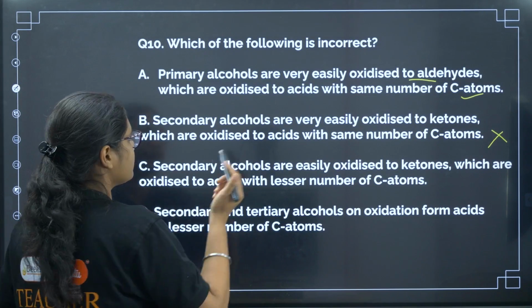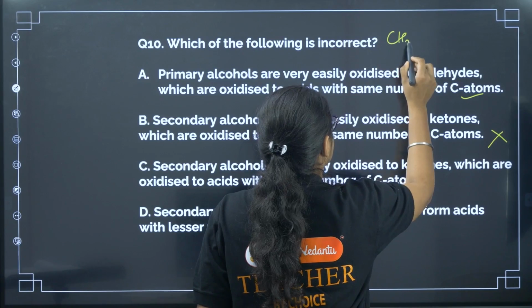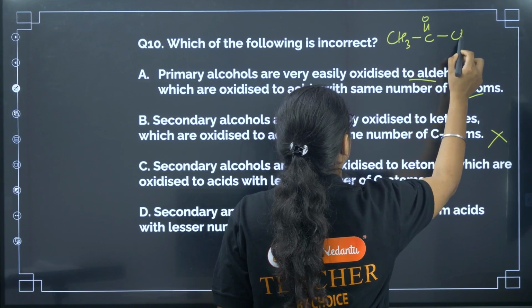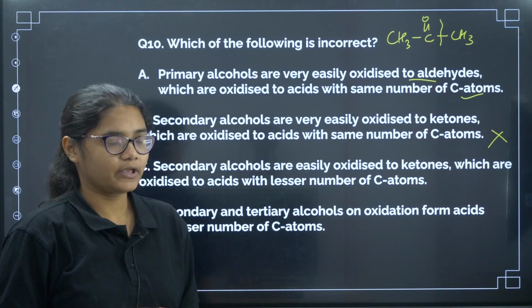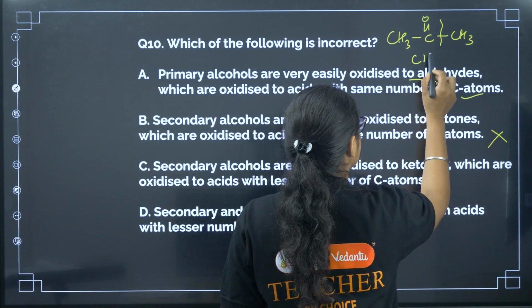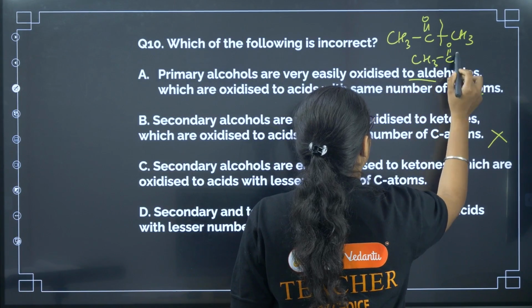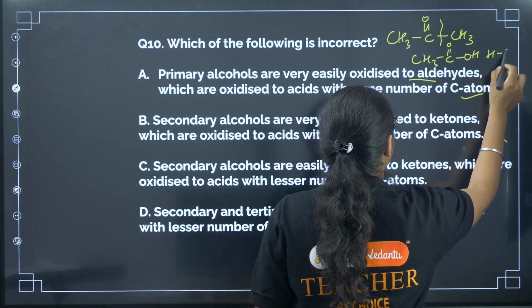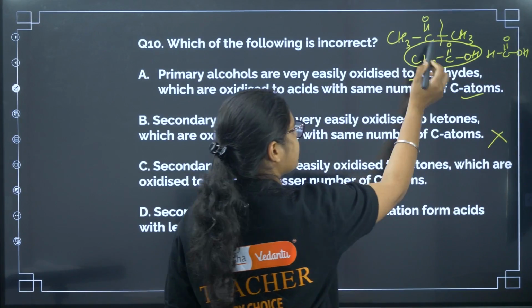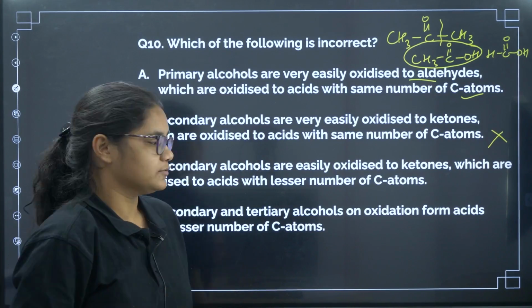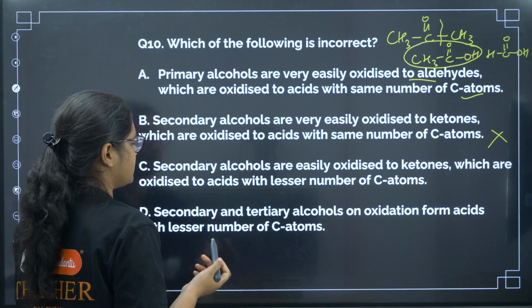For example, if you have CH3COCH3 and you further oxidize it, one of the carbon-carbon bonds has to break. So we will get one as CH3COOH and another as HCOOH. You can see this has 3 carbons, and this has 2 carbons now, so we will not get the same number of carbon atoms.